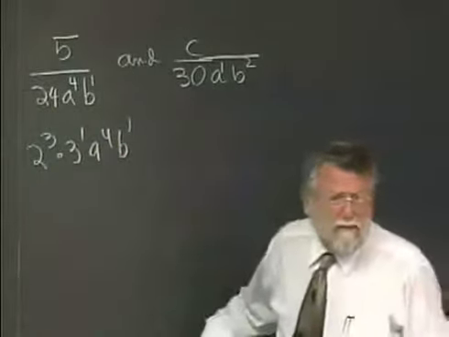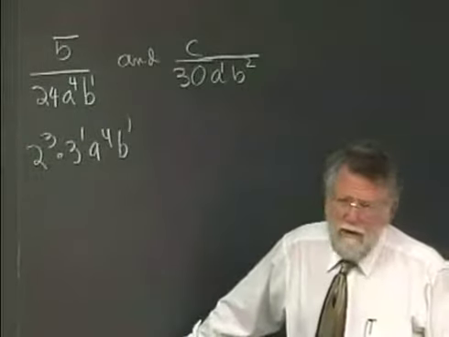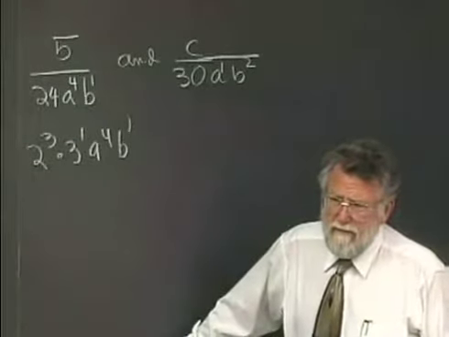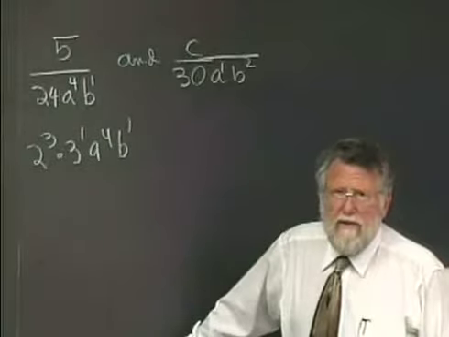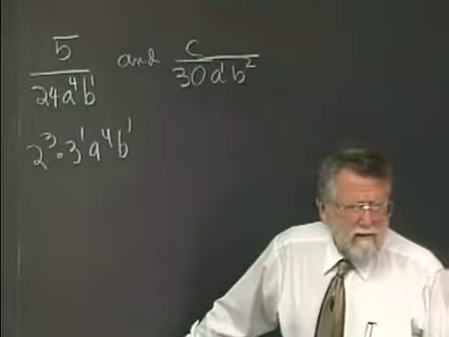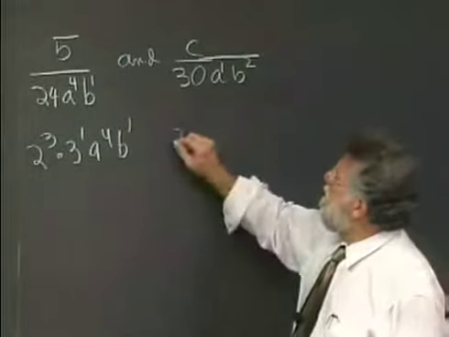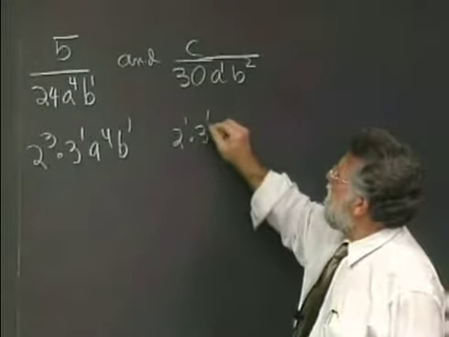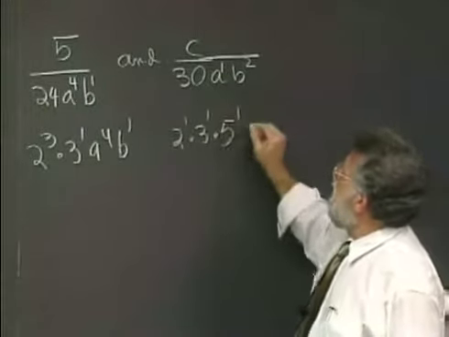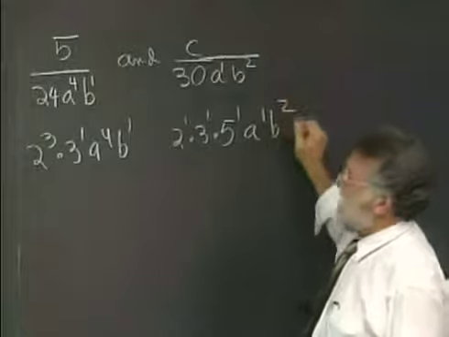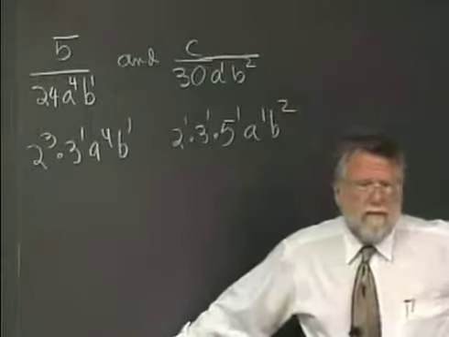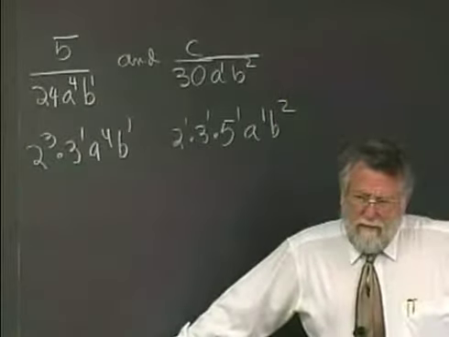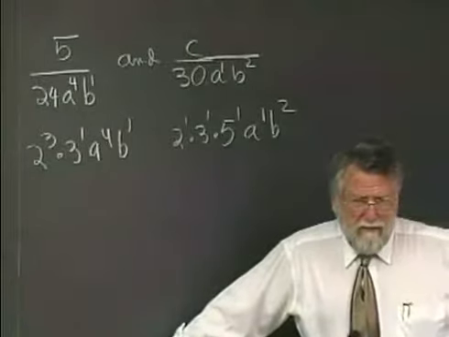Here, the 30: 2, 3, and 5. 2 times 5 is 10. 3 times 10 is 30. So 2 to the first, 3 to the first, 5 to the first, A to the first, B to the second. Any questions there?